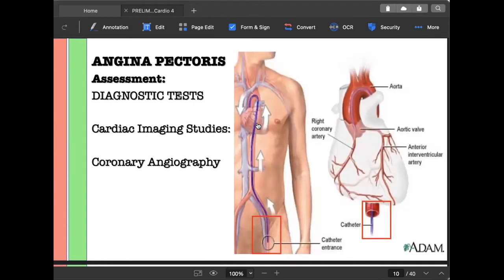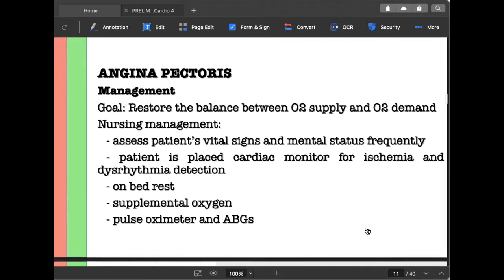This is an invasive diagnostic test that provides a definitive diagnosis of coronary artery disease, and the results are used to guide the decision to manage the patient medically or sometimes surgically. So what is this again? This is your coronary angiography, in which they insert a catheter. Now let's move on here.